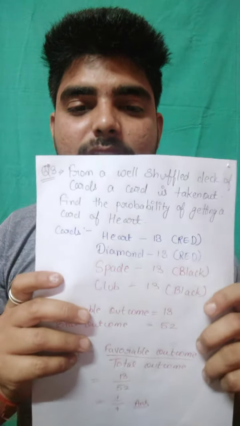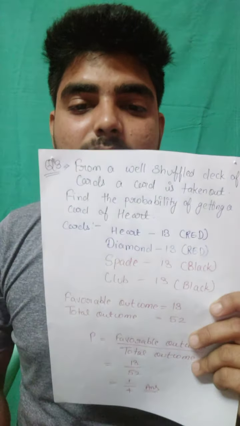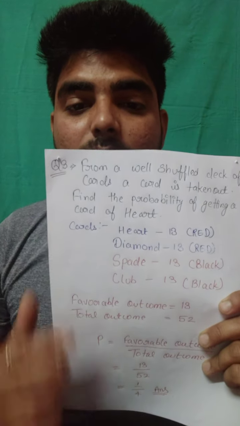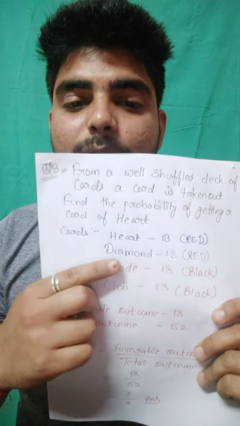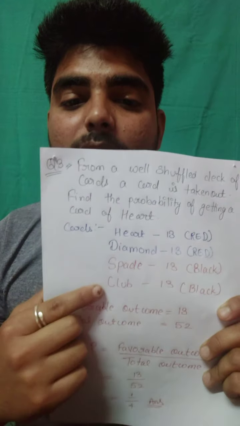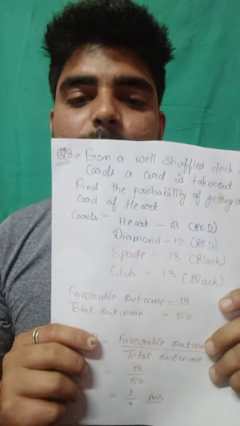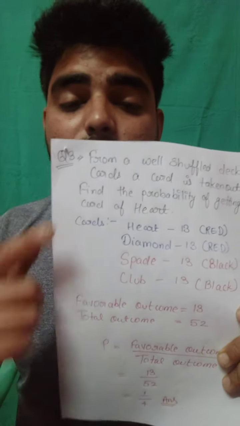So let's first discuss what the deck is and how many different cards are there. There are a total of 52 cards: 13 of heart in red color, 13 of diamond in red color, 13 of spade in black color, and 13 cards of club in black color. So what is the favorable outcome for this question?